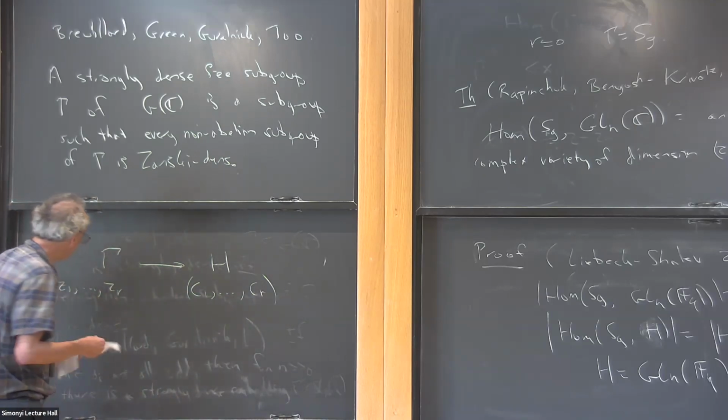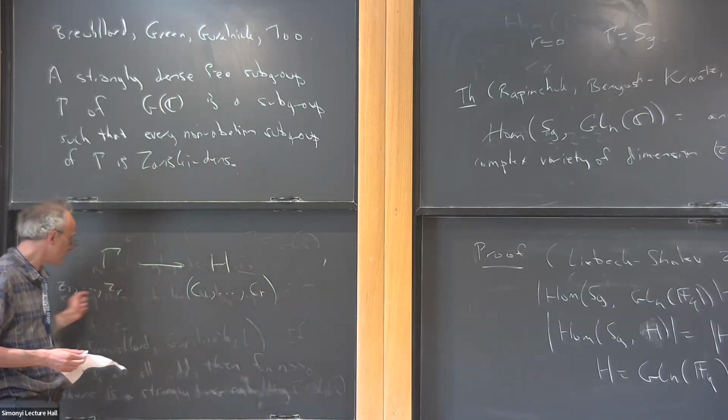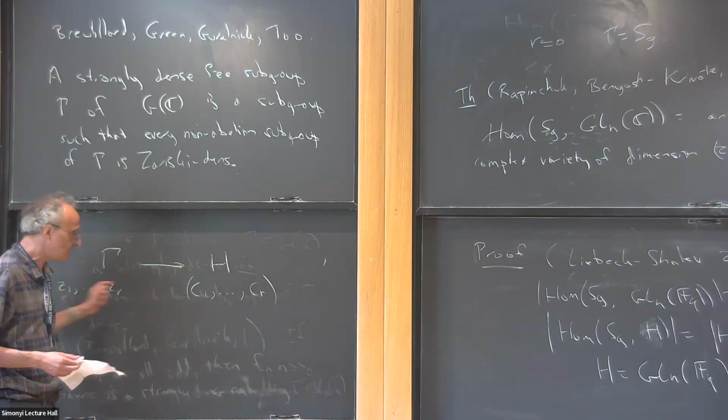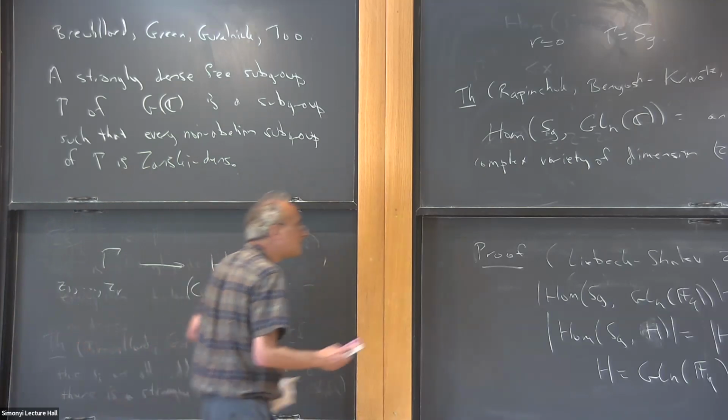And then we have a sum. So what we really need to count is the number of homomorphisms which send Z1 to C1, Z2 to C2, and so on. And that's what Hurwitz's theorem tells us. So let me write it down.